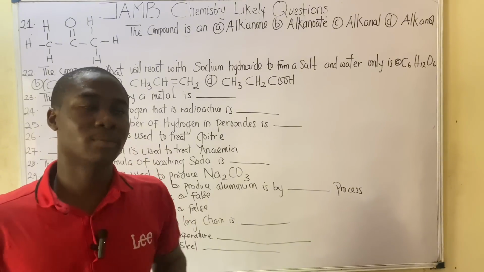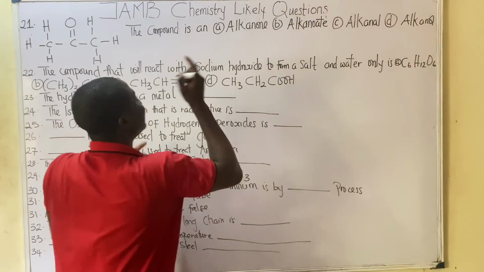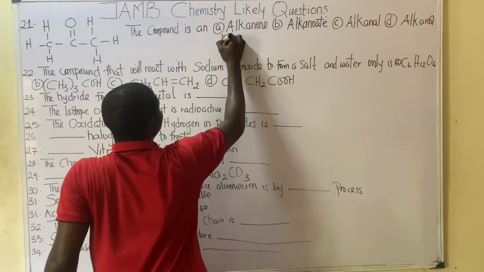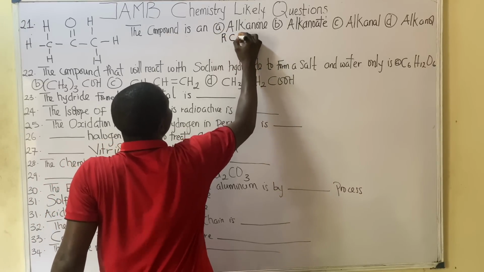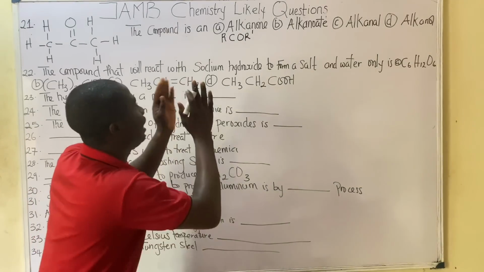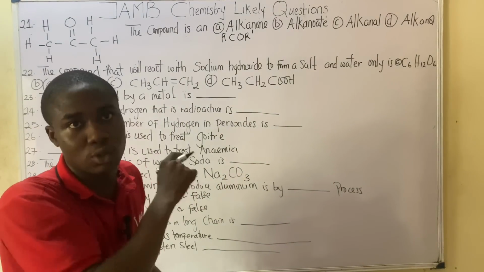Now let me show you something. This option A, what is it called? Alkanone. Now this is the general formula for alkanone. Here it is. It is ROCOR prime. Please watch closely. Let me draw the structure of alkanone. At the end of doing all of this, you'll be the one to solve it to get the answer.